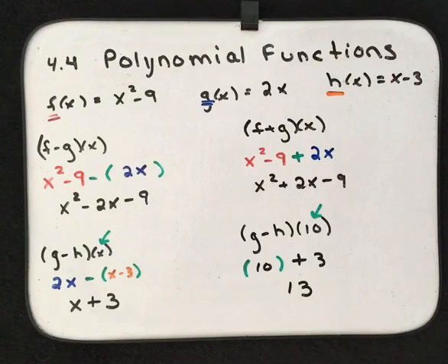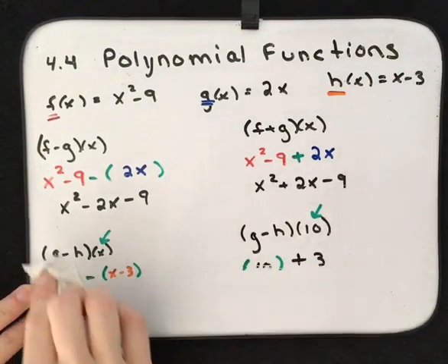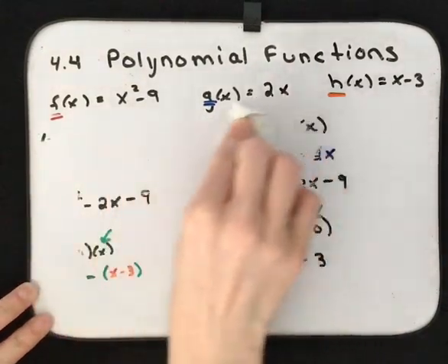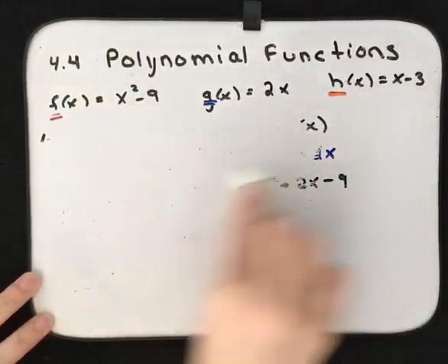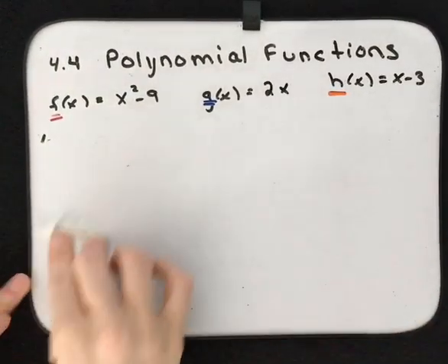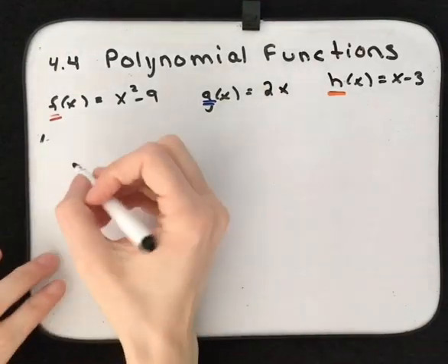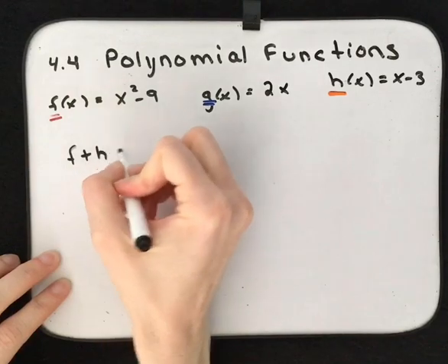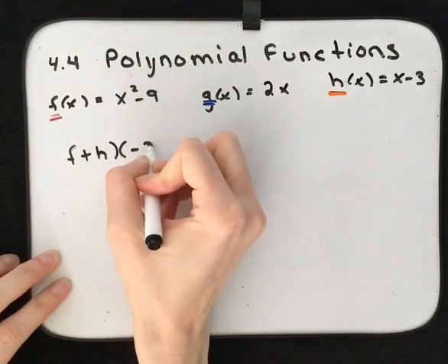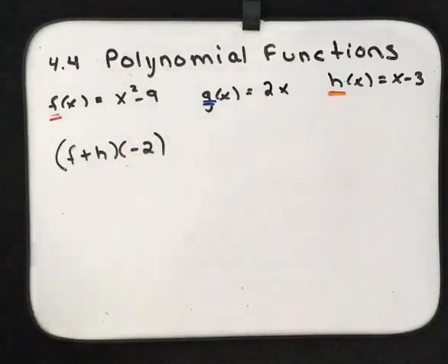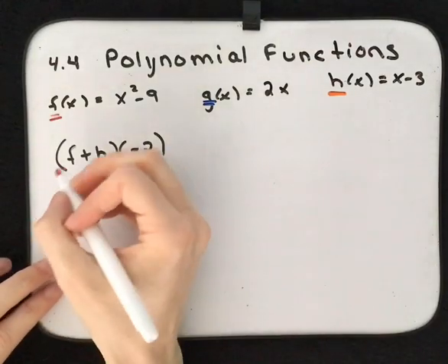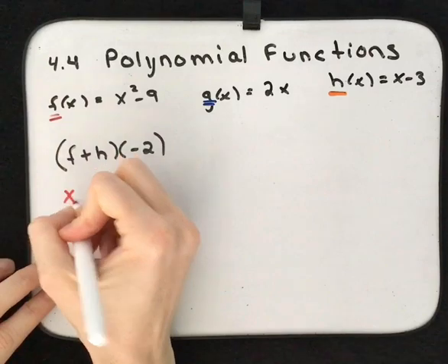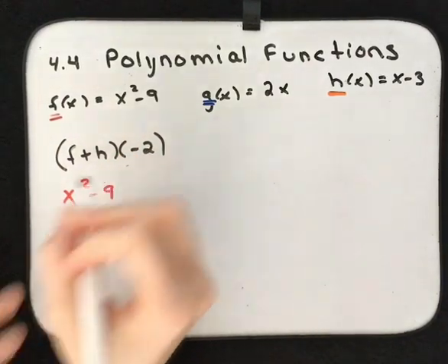Let's try one more like that. So we have f plus h of negative 2. So the first thing that we need to do is find f. So here's f, and that is x squared minus 9.